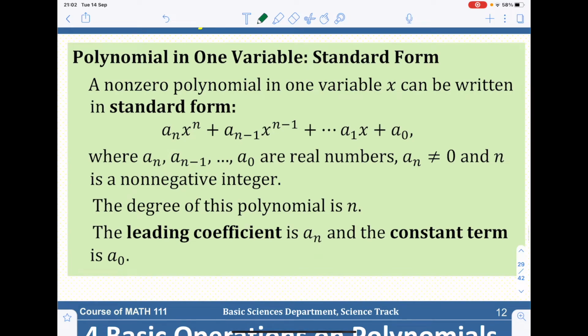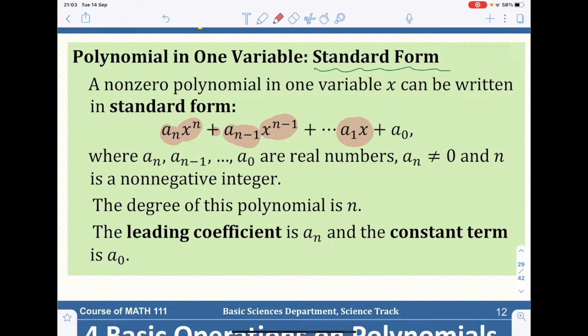Okay, a polynomial in one variable. If we want to talk about the polynomial in one variable, the standard form of this kind of polynomial is a_n x to the power n plus a_(n-1) x to the power n minus 1, and so on until a_1 x to the power 1 plus a_0 times x to the power 0, which is 1, and we don't write that one.